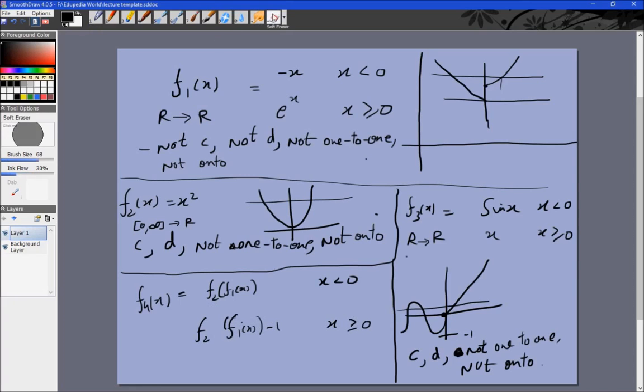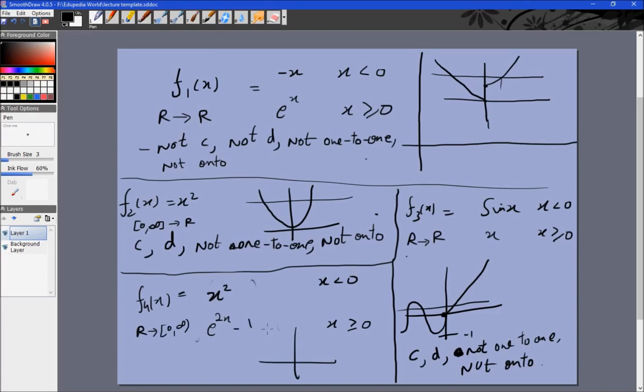So we can just write what these values are. f1(x) we already know what it is. So minus x would be f1(x). We take f2(x) of that, that is square of that, so it will be x squared. And here you'll have e to the power x, the square of that, so e to the power 2x, and then a minus 1. And the range of f4 is R goes to 0 to infinity.